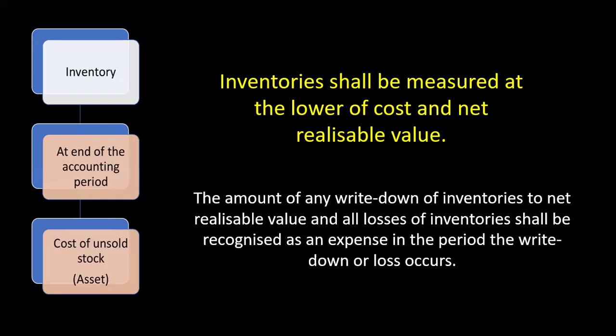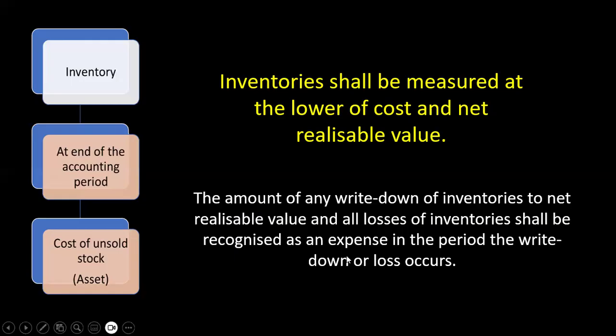But you may ask, what will happen to that difference if the market value is lower than the cost value? If the market value is lower than the cost value, the amount of any write down, that means a reduction in the value of the inventory, and other incidental losses shall be recognized in the income statement as an expense.